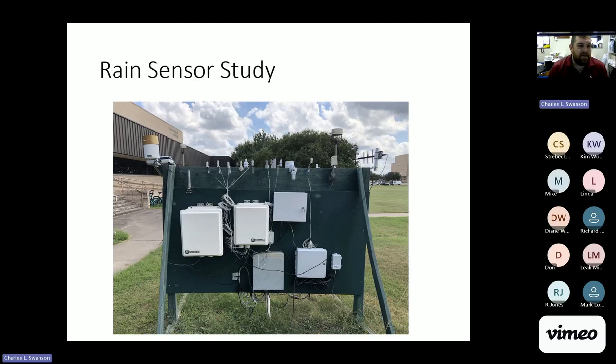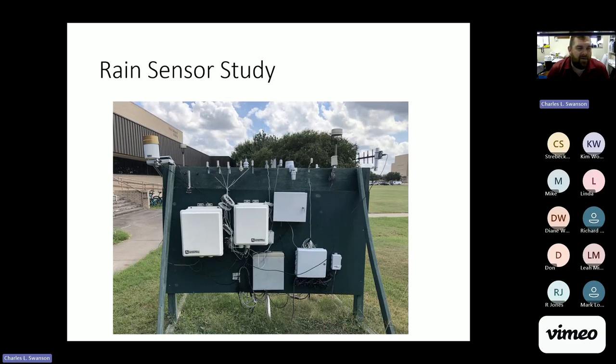And so we see rain sensors being the most commonly used sensor used with controllers because they typically are the least expensive option when it comes to adding a sensor to a controller. Sensors vary from $20 to $50 depending on is it just rain only, or is it measuring temperature as well?